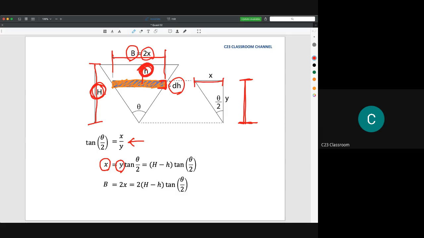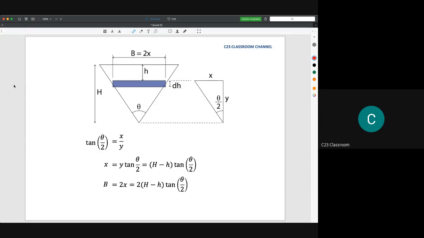Okay, so I think you could understand this equation because we just replace y with H minus h, and then we could write b here, meaning 2 times x. Okay, so it is equal to 2 times (H minus h) tangent theta over 2.